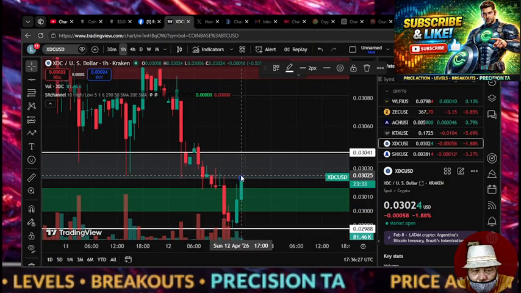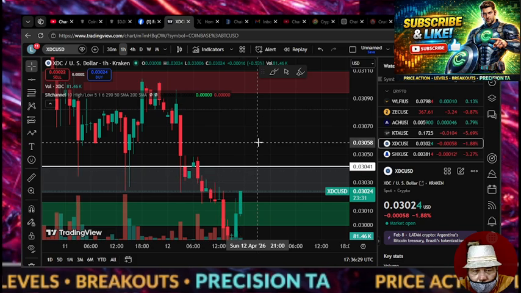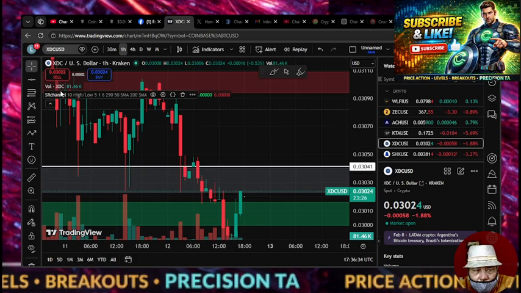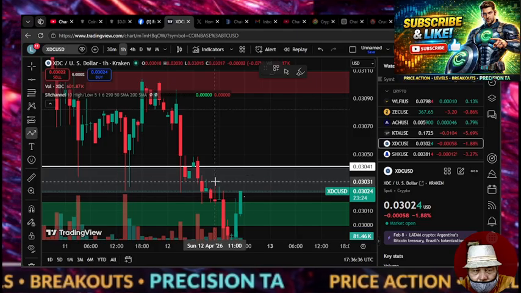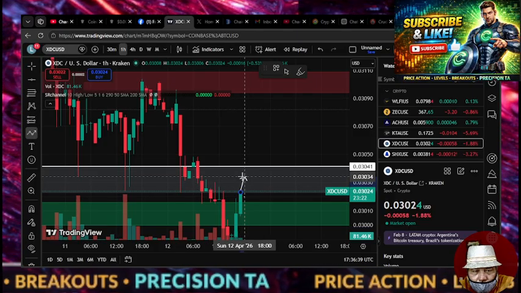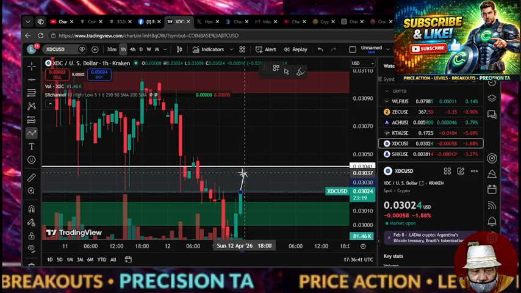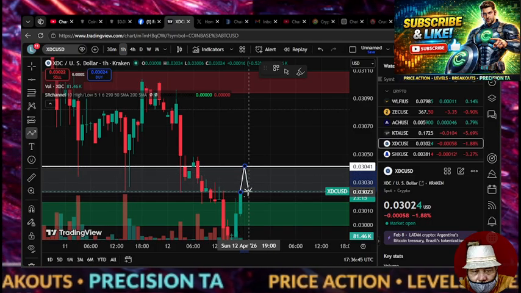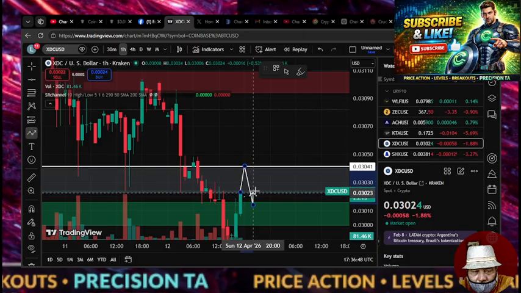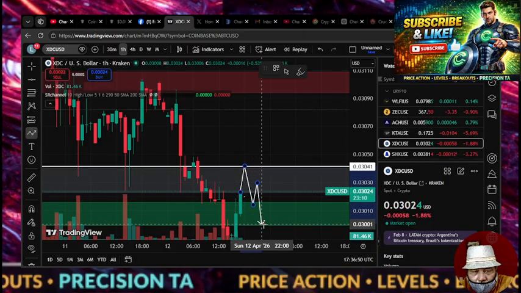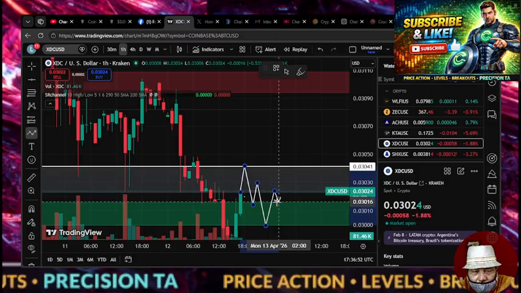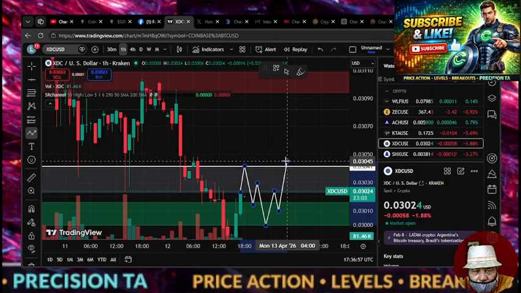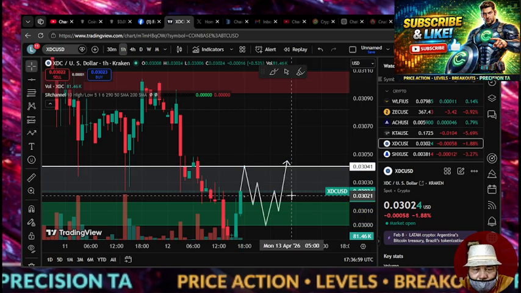We could do something like this, get a rejection before heading down within this area, then going back up, breaking out above where we had this gap.